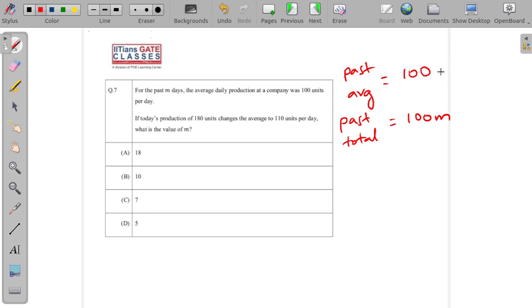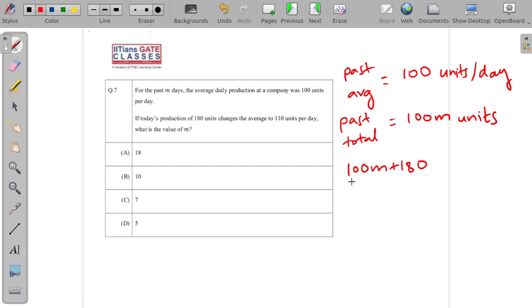This is 100 units per day. So this will be units. Then today's production of 180 units. So to this 100 M units, I have to add 180. It changes the average to 110 units.